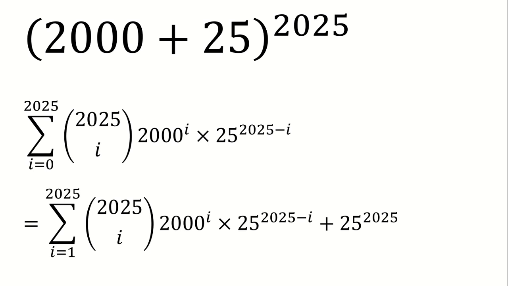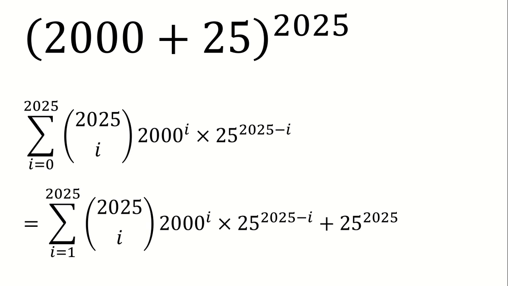We can write the summation as the sum from i equals 1 of the binomial coefficient 2025 choose i times 2000 to the power of i times 25 to the power of 2025 minus i, plus 25 to the power of 2025. That last term is for i equal to 0.